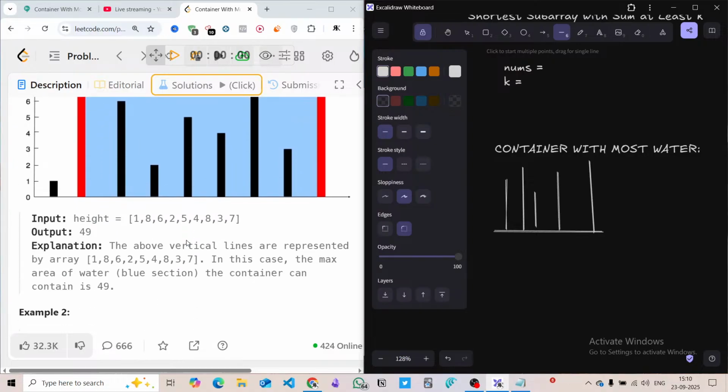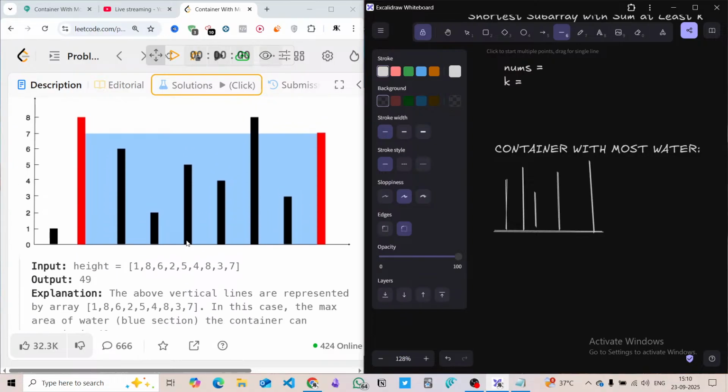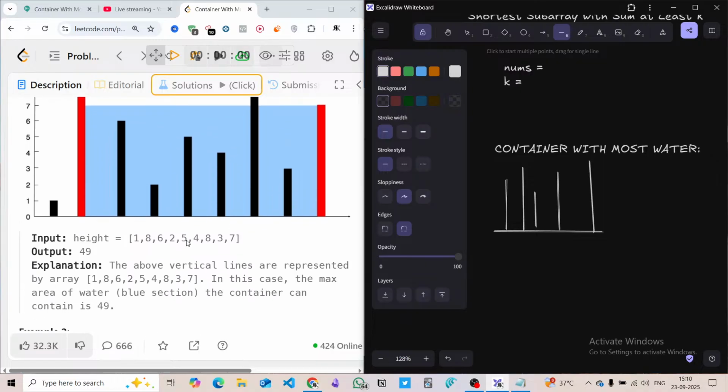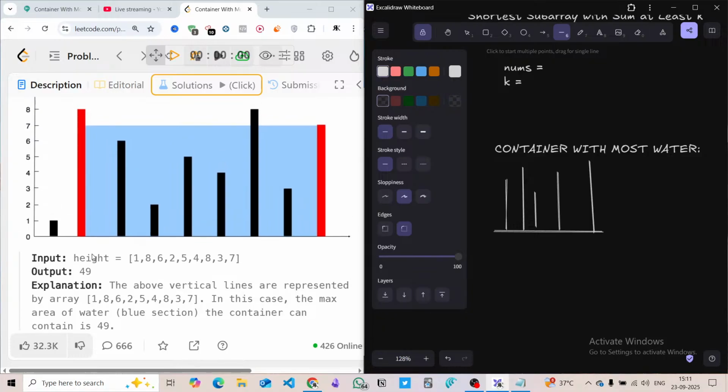Okay, so just look at the examples. Here they have given a height array of 1, 8, 6, 2 and so on, and then the output is 49. The above vertical lines are represented by the array, so these are the array numbers. In this case, the maximum area of water the container can contain is 49.